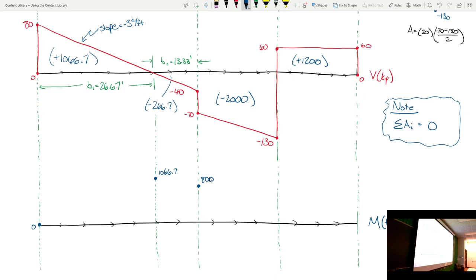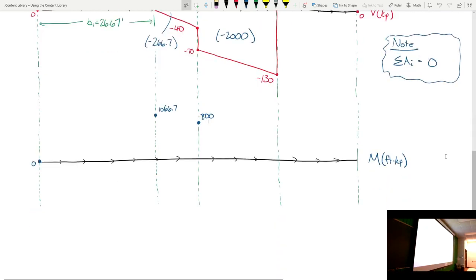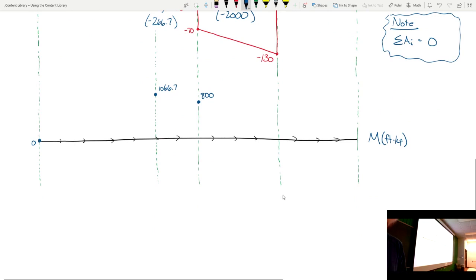Now, if I'm at 800 here, what should I be right here? If I'm at 800, what does this tell me? Where should I be right here? Okay, negative 1200. I'm actually going to need to scroll down a little bit for that.